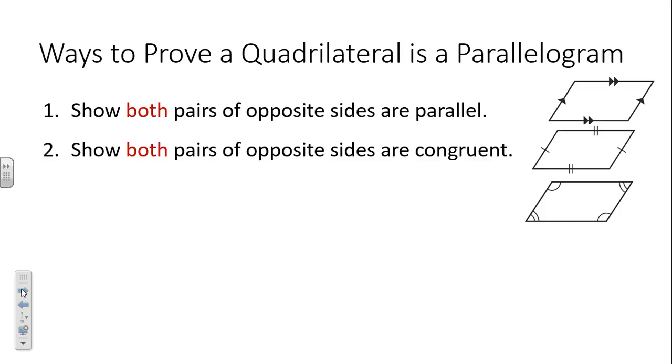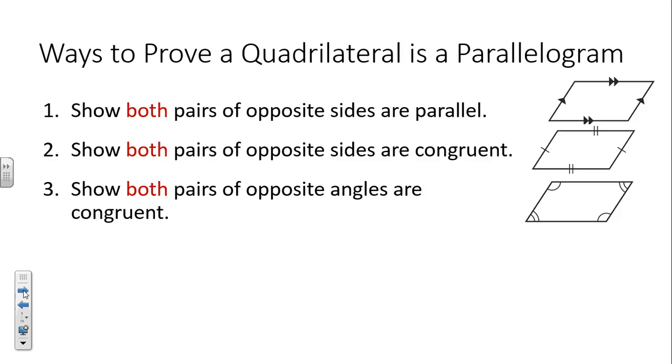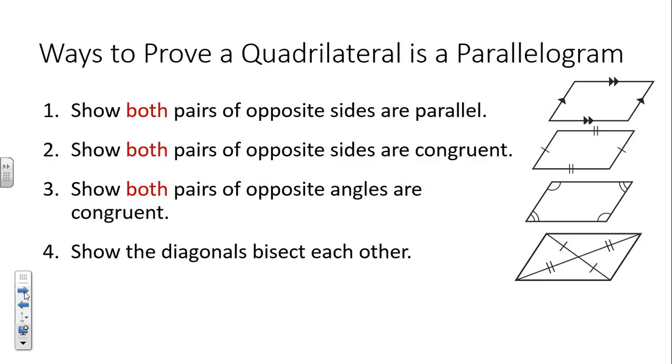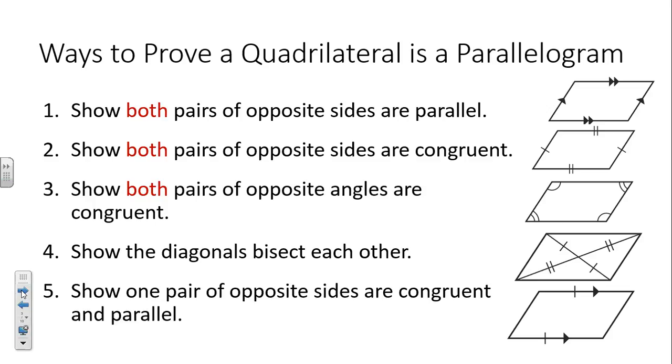A fourth way of showing it is to show that the diagonals bisect each other, okay? And then finally, a fifth way is to show that one pair of sides is both parallel and congruent, and that's enough to make that quadrilateral a parallelogram.